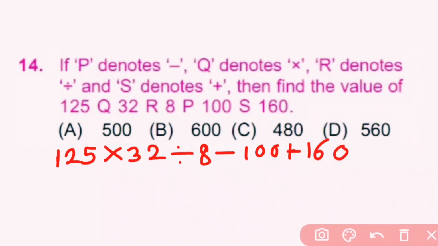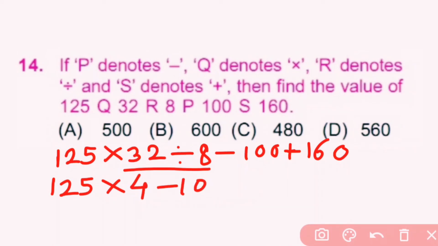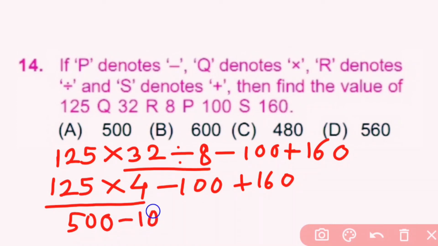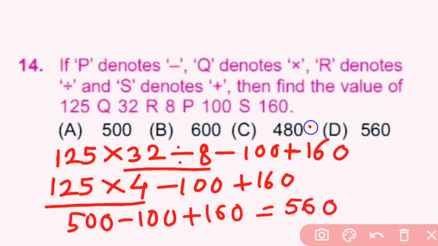So we first solve this. 125 into 32 divided by 8 is 4, minus 100 plus 160. So here 125 into 4 is 500, minus 100 plus 160 is equal to 560. So here D is correct answer.